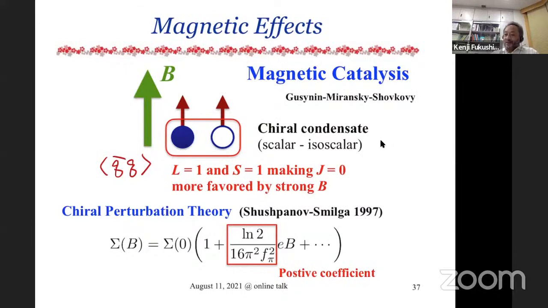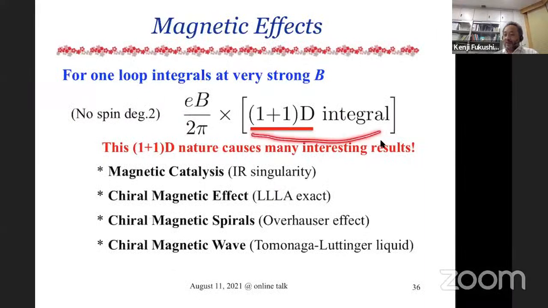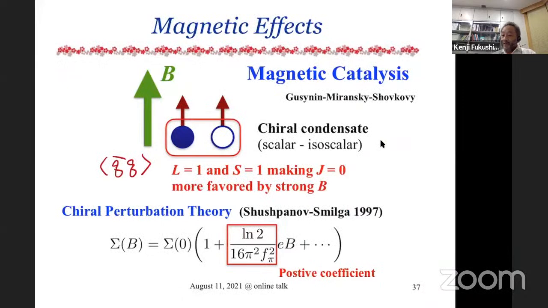You can understand this from the 1+1 dimensional nature, or alternatively in the following way. The q-bar q is a scalar condensate, the spin zero, total angular momentum zero state. To form the scalar, the orbital angular momentum must be 1, and the spin must be 1 to make the total angular momentum 0.